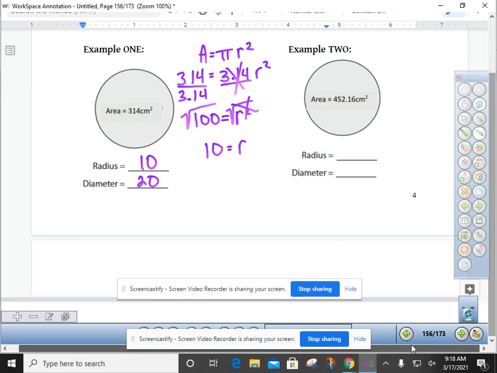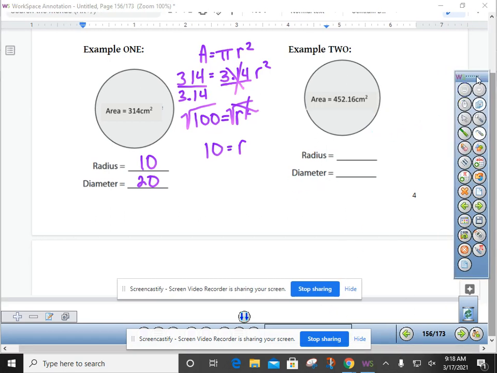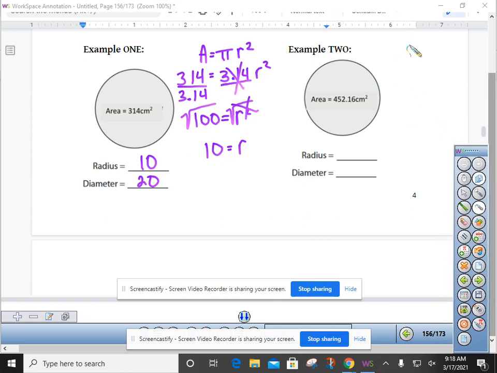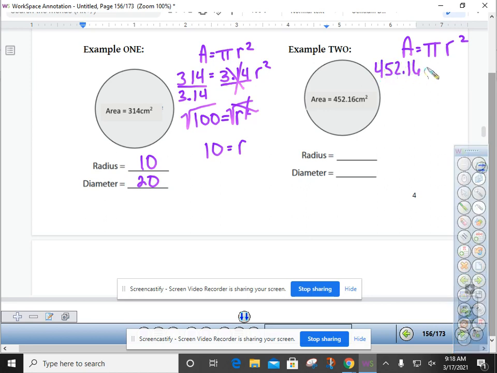Okay, let's look at example 2. Formula, area equals pi r squared. Caden, what is the area? 452.16. Equals, what do we use for pi? 3.14 times r squared.